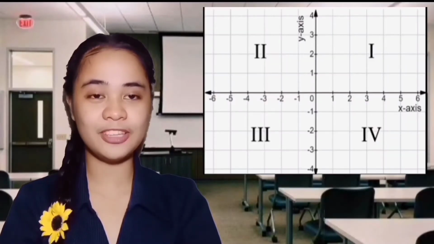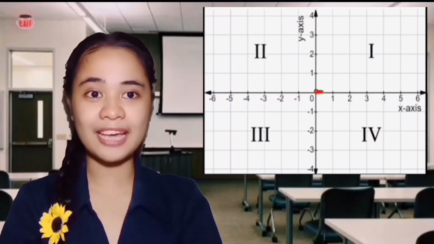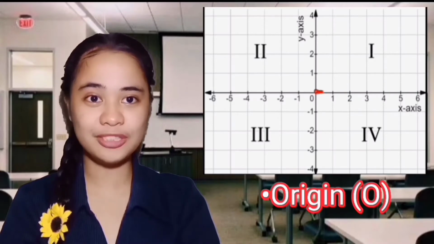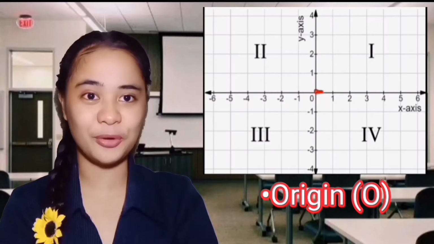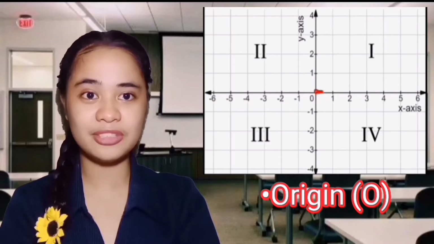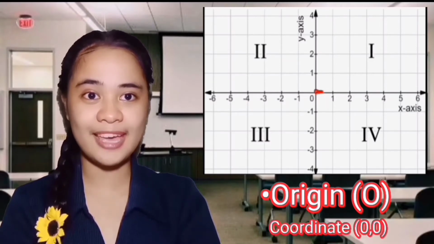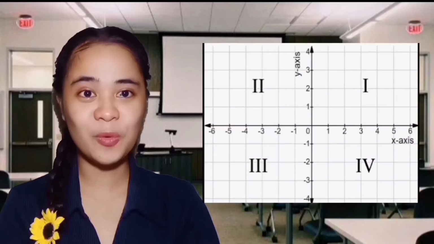As what you observed earlier, it has a point of intersection. The point where the number lines intersect is called the origin, which is denoted by the capital letter O, and the coordinates of the origin are 0 and 0. You have also noticed that it has letters x and y.